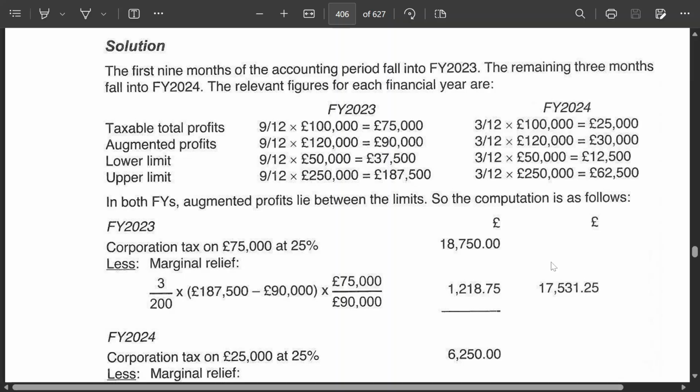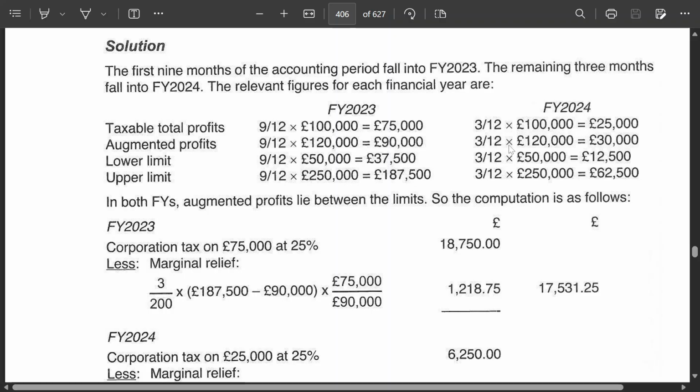Now let's look at FY24, an example from the same thing, because what about the part of the profits that falls into FY24? So for FY24, we need a separate calculation. We have only 3 months of the year, so we got to prorate the full profit number of 100K into a 3-month comparable figure, which is 3 by 12 into 100K, which is this.